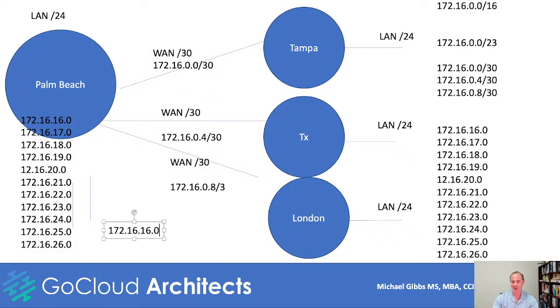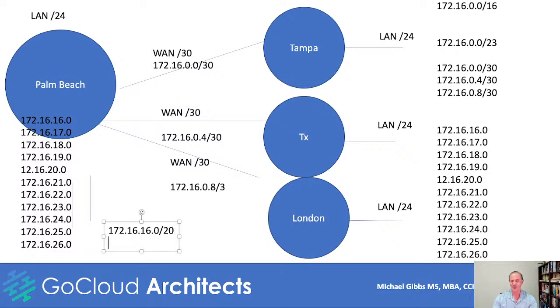.0 slash, okay, a slash 24 is one subnet, a slash 23 is 2 subnets, a slash 22 is 4 subnets, a slash 21 is 8 subnets, and a slash 20 is 16 subnets. So what would this look like?